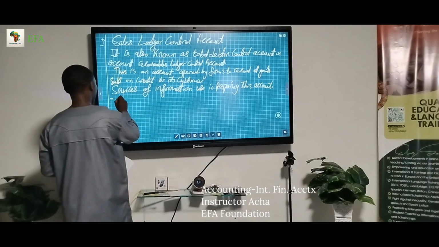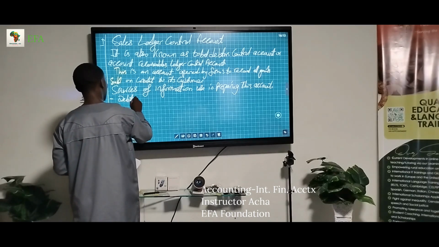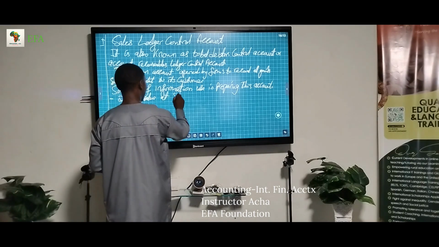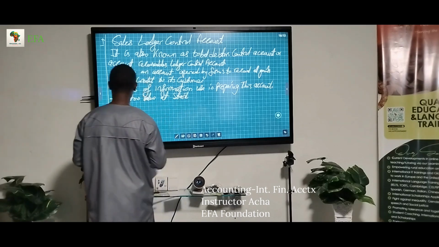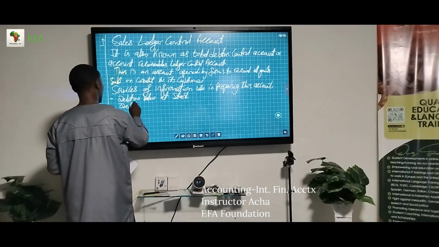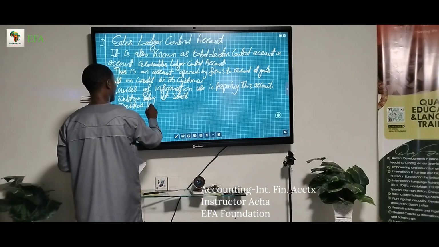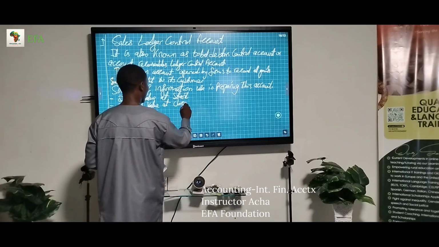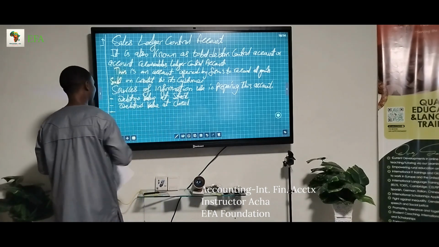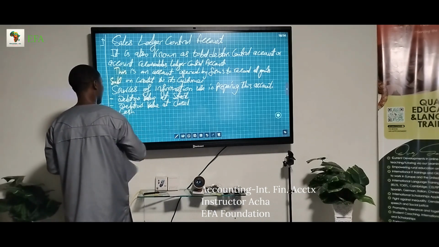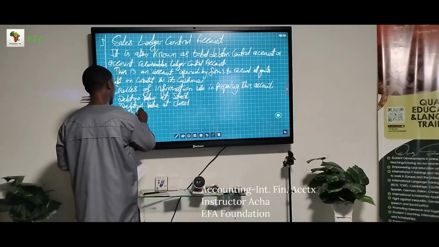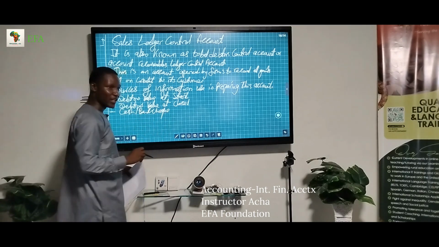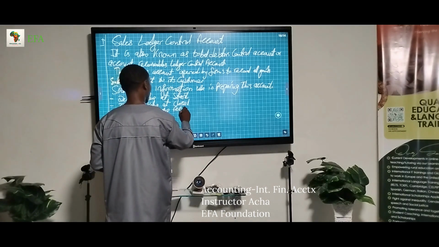That is, debtors value at start. We can look at debtors value at close, that's at the end of the trading period. We equally look at cash or bank check received from customers.